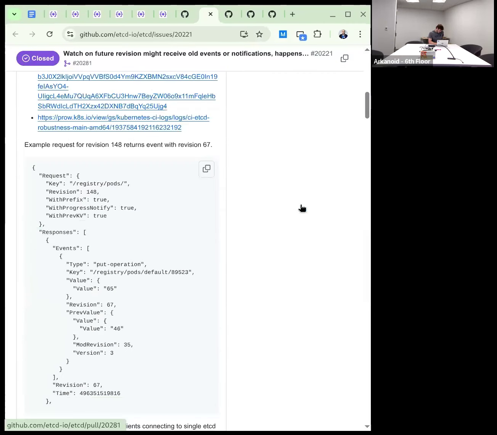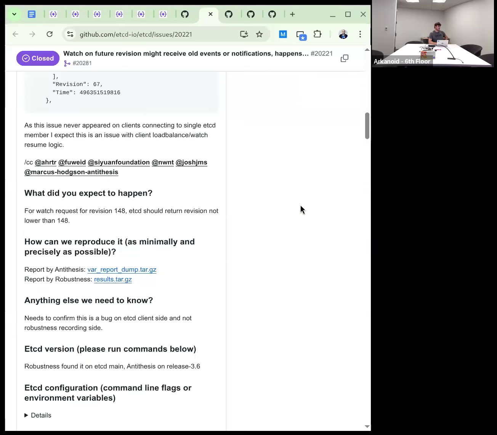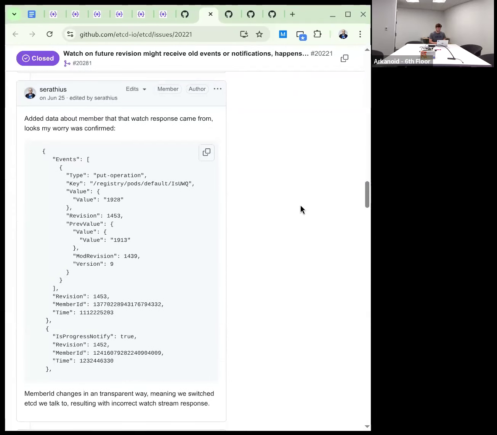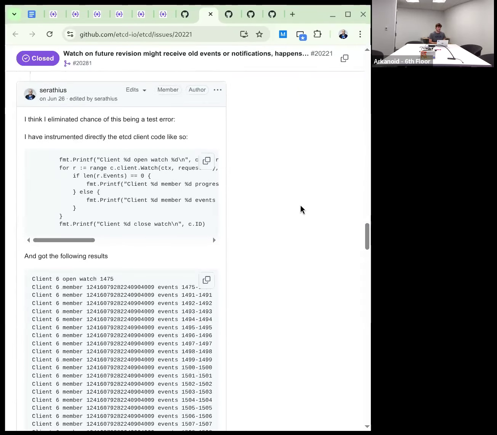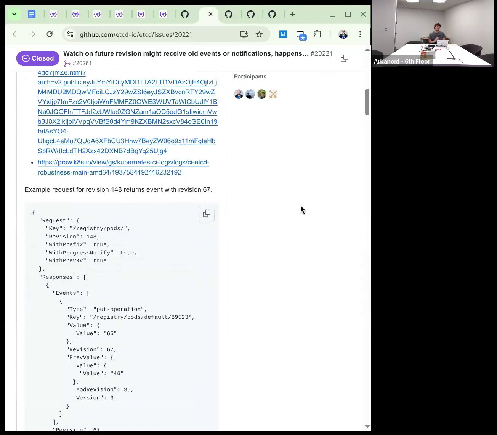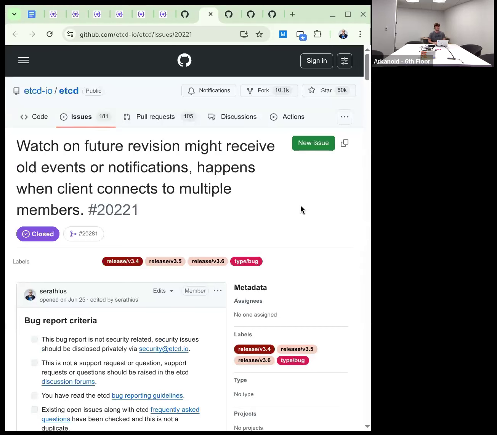Right. So I do agree, but it might be hard to tell someone the steps that we took to be able to reproduce the bug locally. The way that Antithesis works, the series of inputs that we would inject in our environment to lead to the bug might not be the same series of inputs that you could do locally that would lead to the bug, if that makes sense.